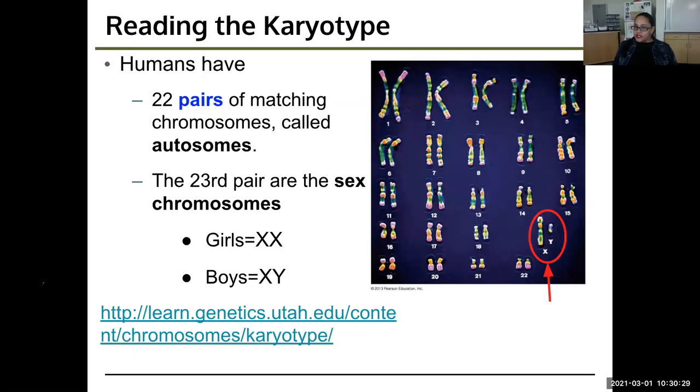But humans have 22 pairs of matching chromosomes called autosomes, and then the 23rd pair called the sex chromosomes. Girls are supposed to be XX, boys are XY, but we know there are variations to this. Sometimes there's 3 X's, sometimes there's XXY.